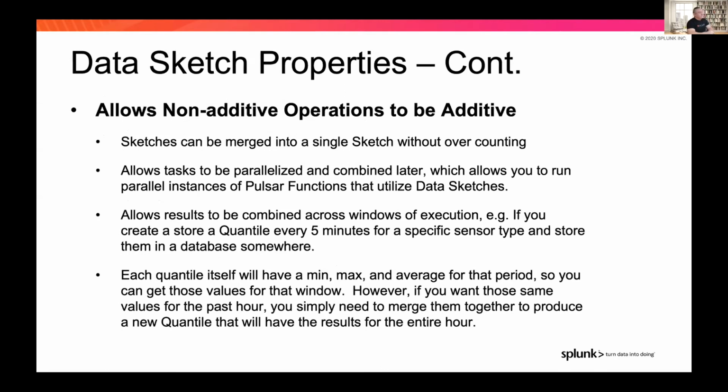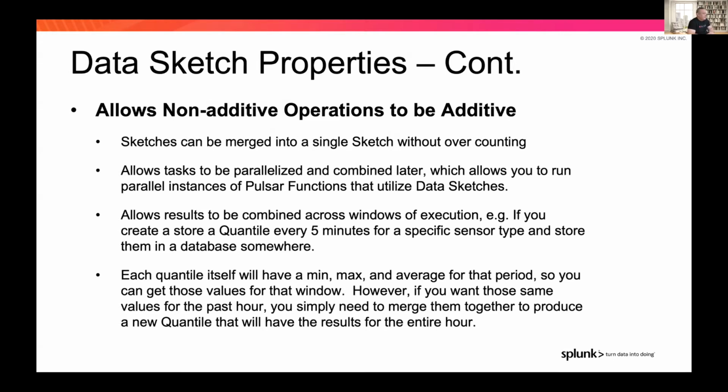The other big benefit of using data sketches is that they allow non-additive operations to be additive. So what do I mean by that? Sketches have the property where they can be merged into a single sketch without overcounting. This allows your task to be parallelized and combined later. So you can run multiple parallel instances of your Pulsar functions to process all the data. If you have one function trying to consume all the data, it still might be overloaded.